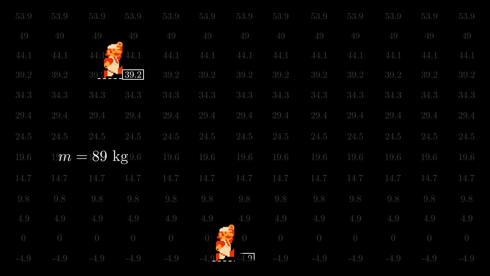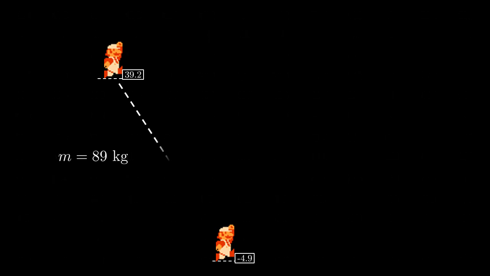Take a look at this Mario jump, for example, to see how we will use the potential. Mario is standing on a platform which has 39.2 units of potential and jumps to somewhere that has negative 4.9 units of potential.